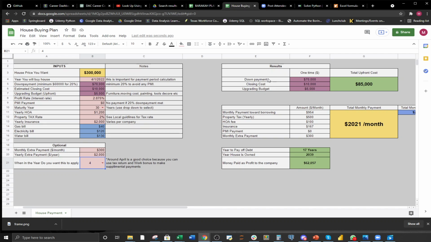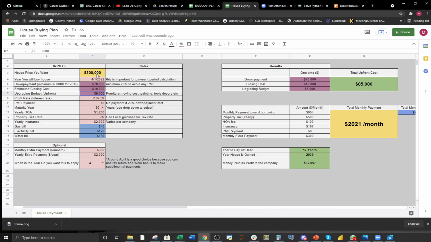In the results section, we have the total upfront amount that we need to have in our bank account before we even think about buying the house. So the components are down payments, which comes from here, closing costs, which we talked about here, and then the upgrading budget, which comes from here. Those three components combine into this 85,000 number.